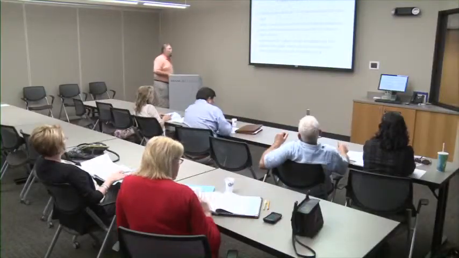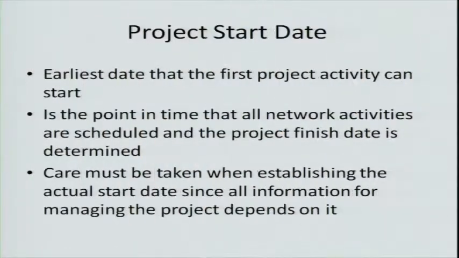The project start date is the earliest time in which an activity can start. Okay, so that's why we have this sequence. We know that activity 2 can't start till activity 1 is completed. So if activity 1 takes 3 days, then the earliest activity 2 can start is day 4, right? So we look at those things and set that up.